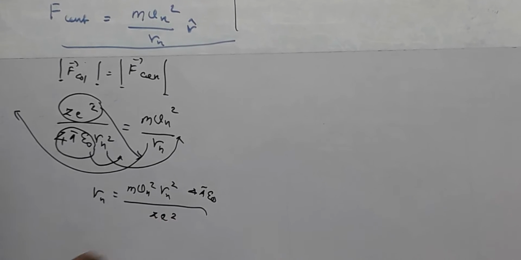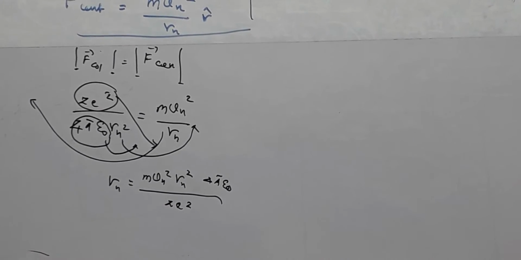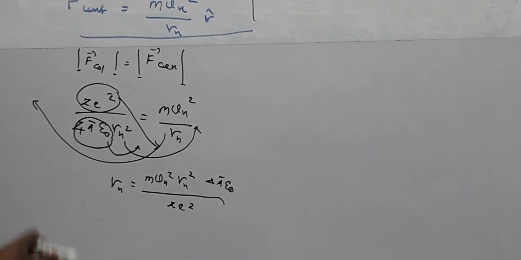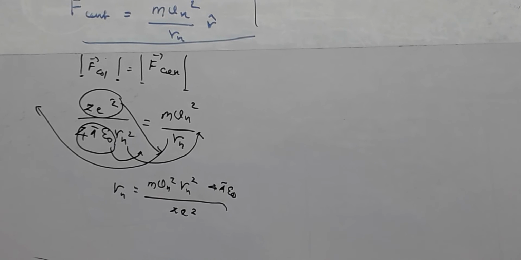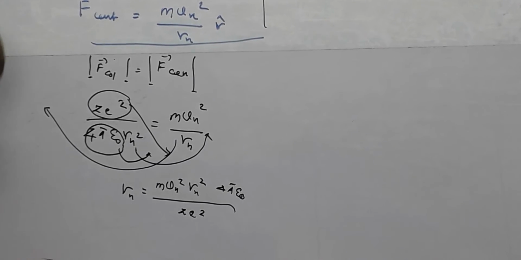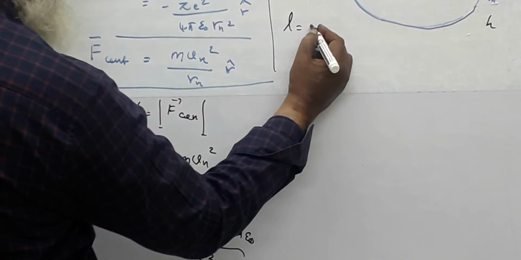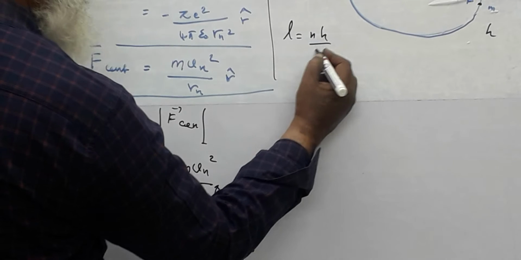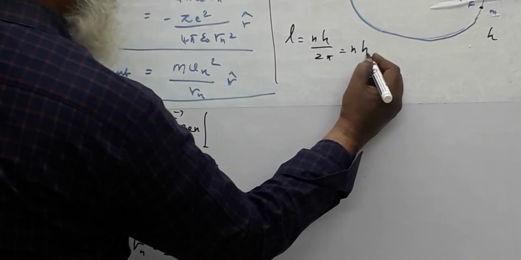Are you clear? Now, last class we already studied the angular momentum L, which is equal to nh by 2 pi, or n h bar.